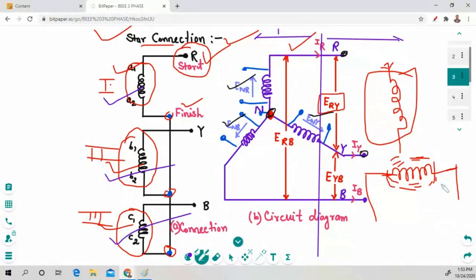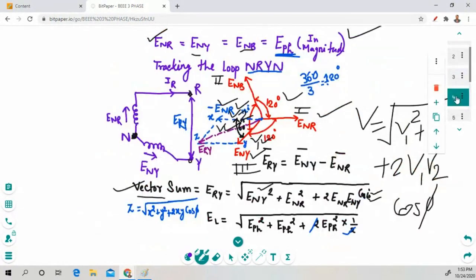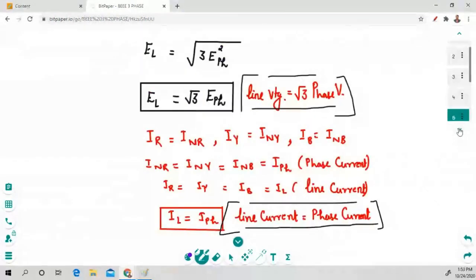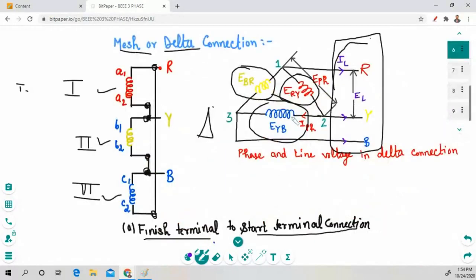The voltages across these windings are called phase voltages, whereas the voltages across the lines are called line voltages. The same applies to current. We derived that line voltage is equal to root 3 times phase voltage, whereas line current is equal to phase current in a star connection.